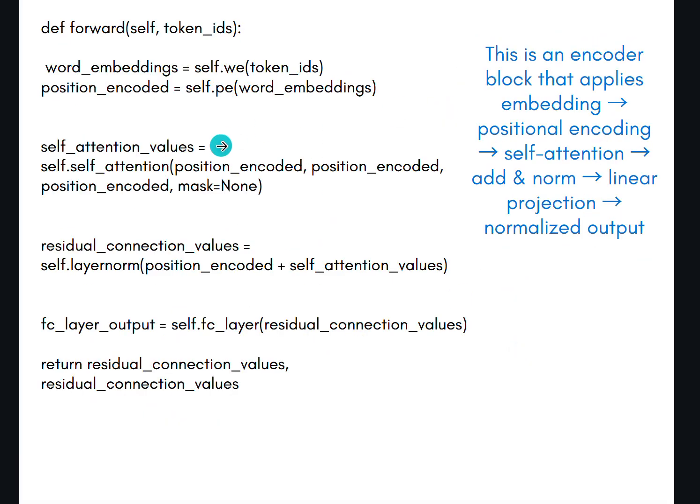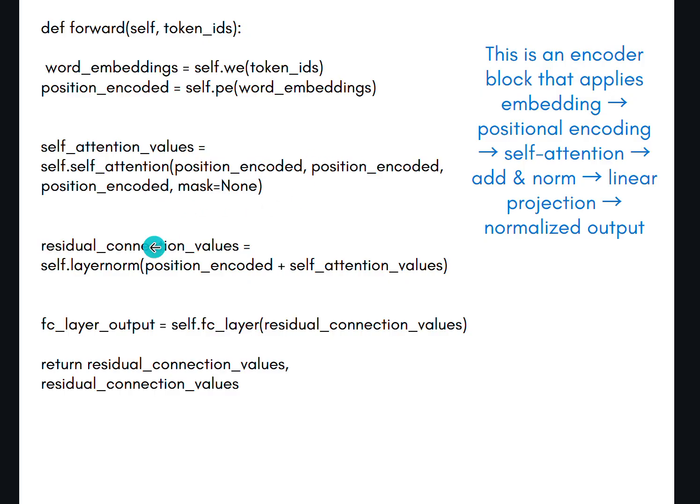Okay, now we have to talk about the forward method. So again, bringing everything together, word embedding, taking the token IDs, right? Then you use the positional encoding, and then finally you calculate the self-attention, with query, key and value, and with no masking.